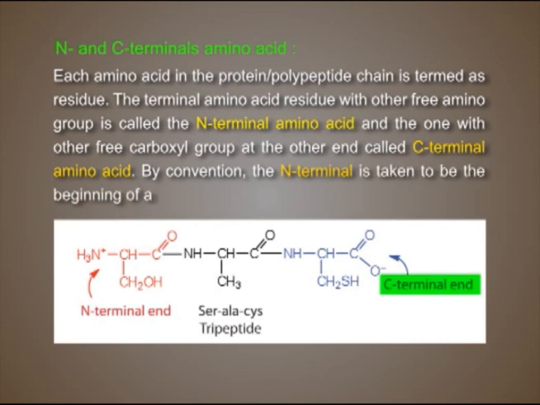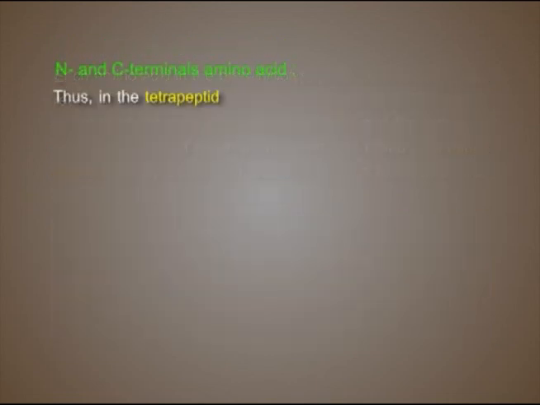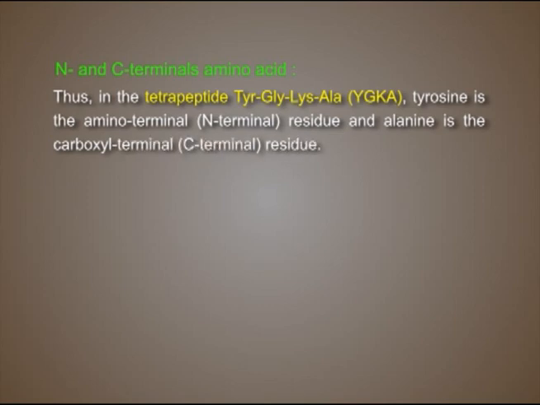By convention, the N-terminal is taken to be the beginning of the polypeptide chain. Thus, in the tetrapeptide tyrosine, glycine, lysine, and alanine, tyrosine is the amino terminal residue and alanine is the carboxyl terminal residue.